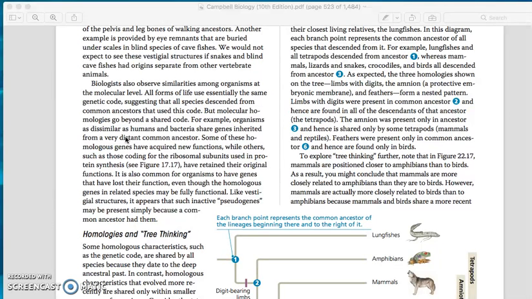It is also common for organisms to have genes that have lost their function, even though the homologous genes in related species may be fully functional. Like vestigial structures, it appears that such inactive pseudogenes may be present simply because a common ancestor had them. Looking at this, I can see that homologies can happen at both an organism level and a molecular level. I can infer that a pseudogene is a gene that is not used because the text mentions that it is similar to a vestigial structure.